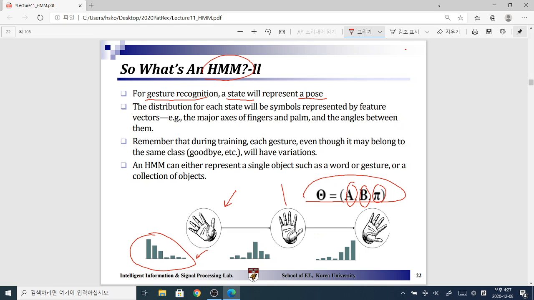In other words, you can think of the direction being 0 versus plus 90 versus negative 90 degrees. So this would be 0, this would be plus 90, and this would be negative 90.